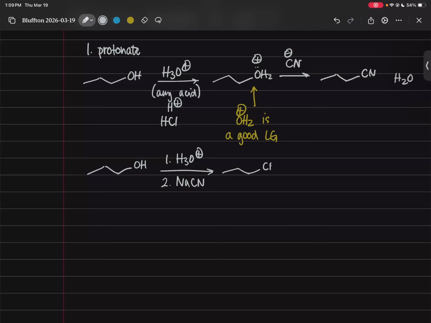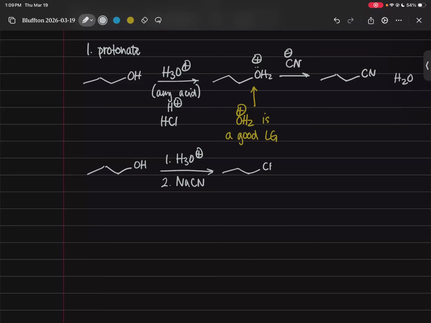And so this implies that you know about this middle step happening, right? So you do H3O plus first just by itself. Envision what that is, and then take that and then add sodium cyanide, and then we get to our product. Okay, but same reaction as above. All right, so protonating alcohols makes them into good leaving groups.